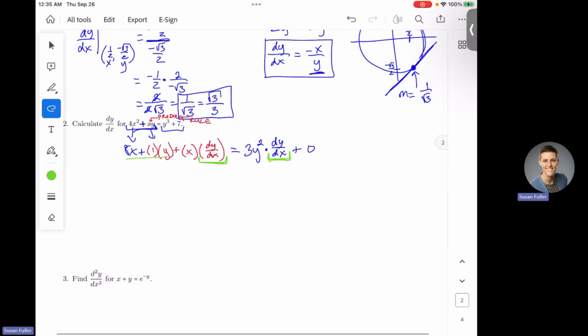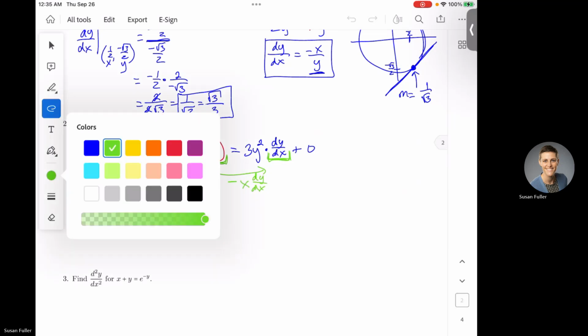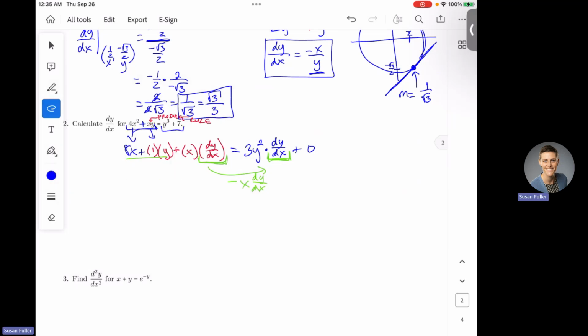So I'm going to go ahead and move this over here. And I'm going to do that by subtracting x times dy dx from both sides. So now when I do that, I've got 8x plus y left over here. And on the other side, I'm going to have 3y squared dy dx minus x dy dx.